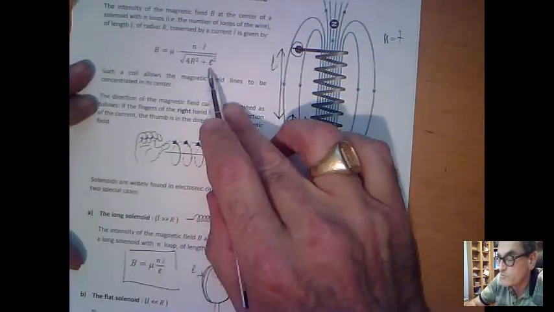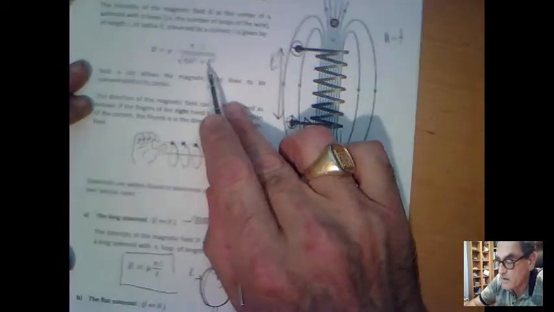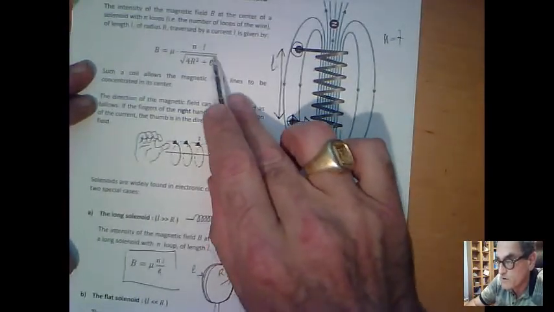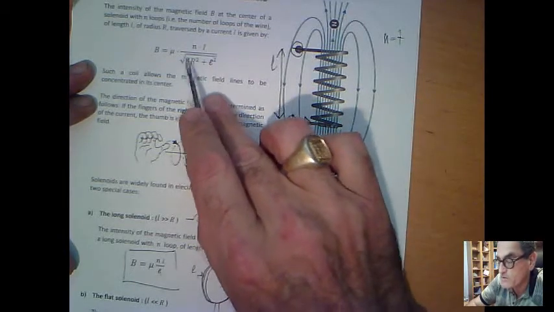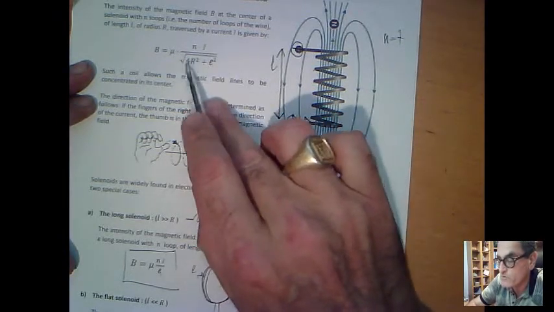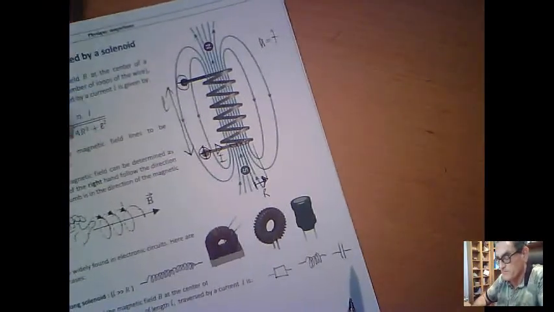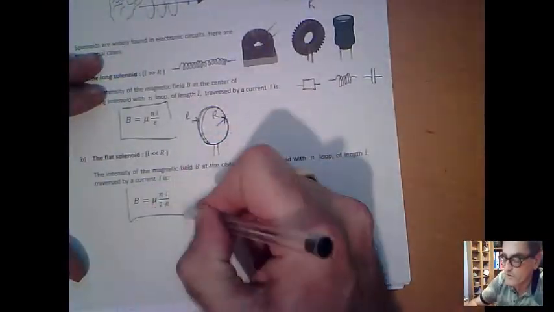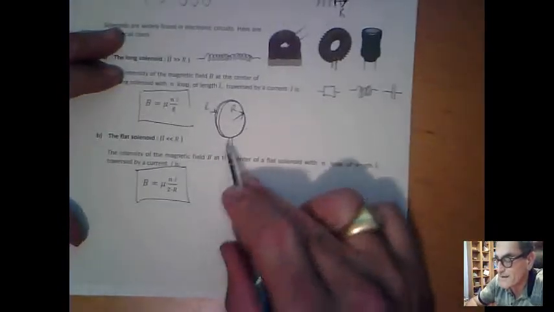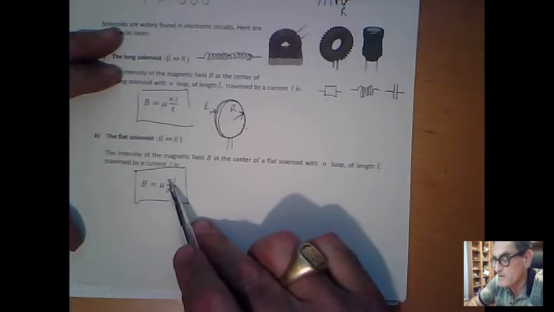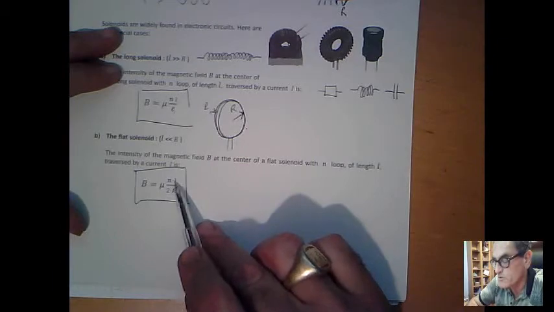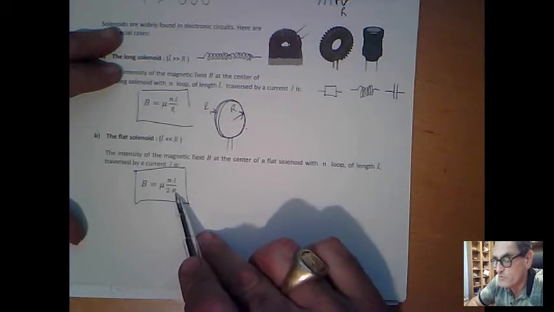And you go to that expression, you say, okay, the length is much shorter, so this I will neglect. I will keep only this term, and I take the square root of that. The square root gives me 2r, so I have the formula here for the magnetic field inside a flat coil. It depends also on the number of loops and on the current, but it's divided by 2 times the radius.